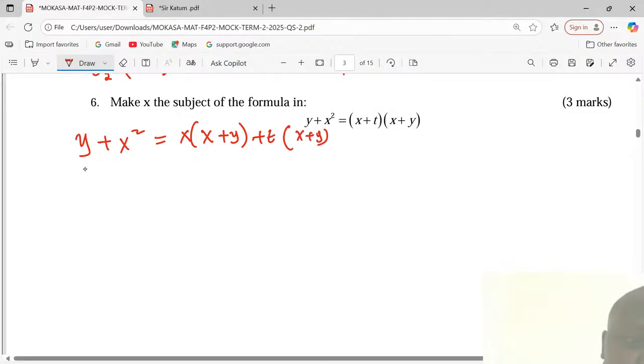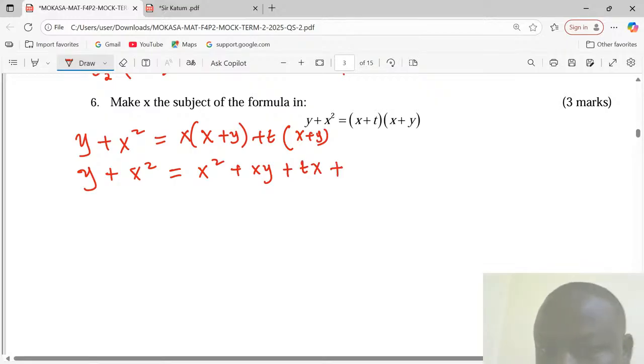At this point now, we'll be having y plus x squared equals to x squared plus xy plus tx plus ty.